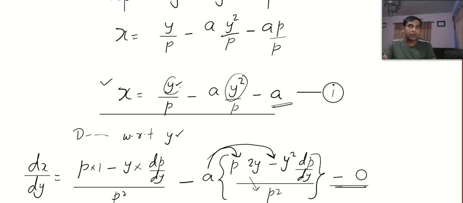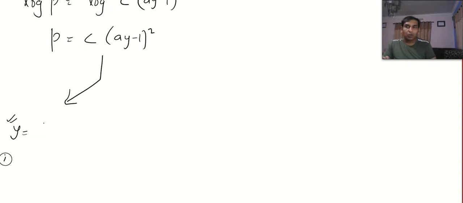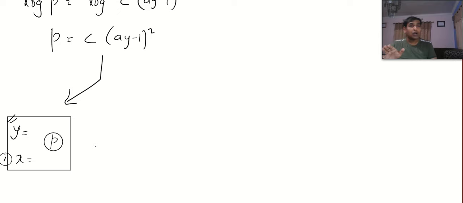You can plug in the y value and you will be able to write x and y in terms of p. If you are writing x and y in terms of p, what do you call that solution? It is called parametric solution.